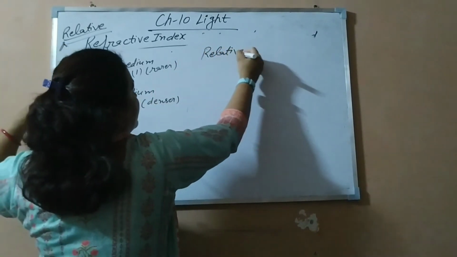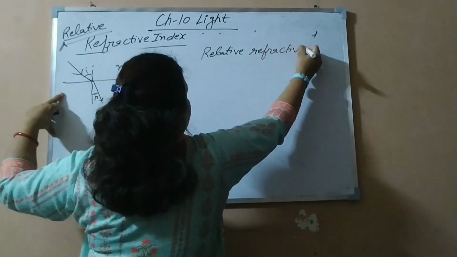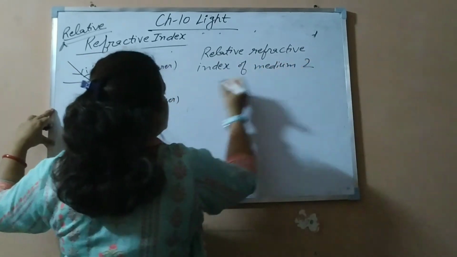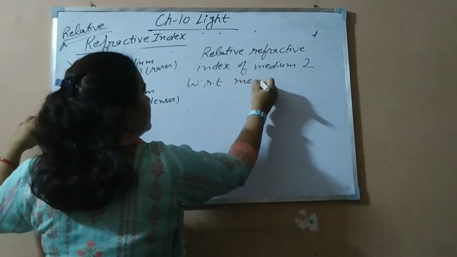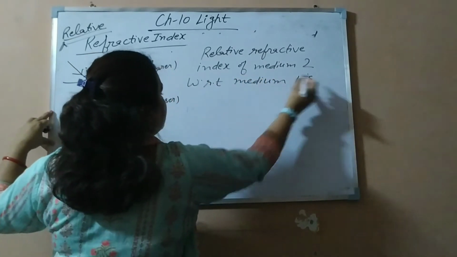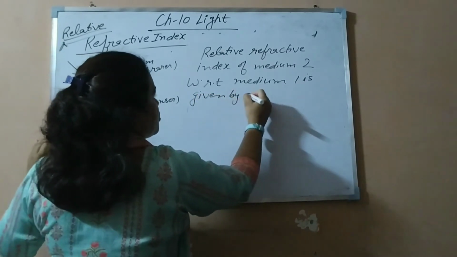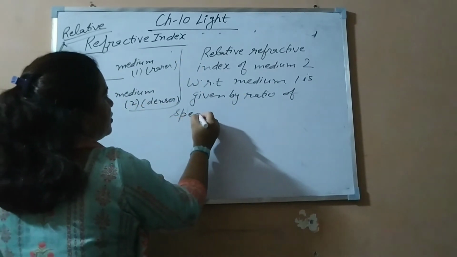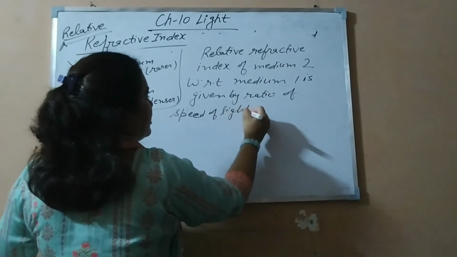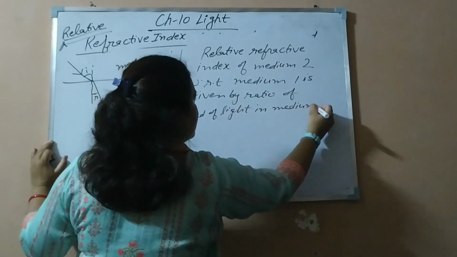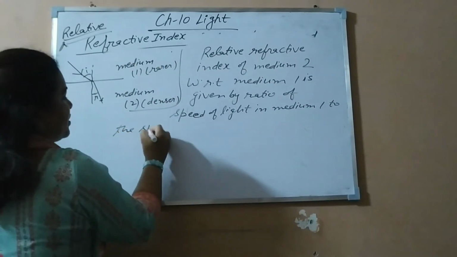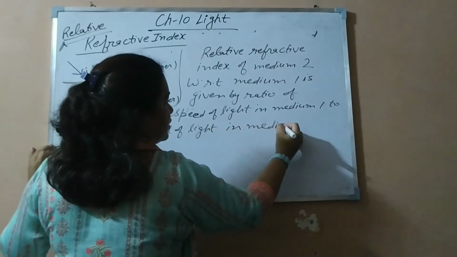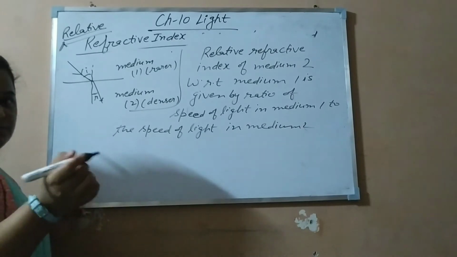Relative refractive index of medium 2 with respect to medium 1 is given by the ratio of speed of light in medium 1 to the speed of light in medium 2.